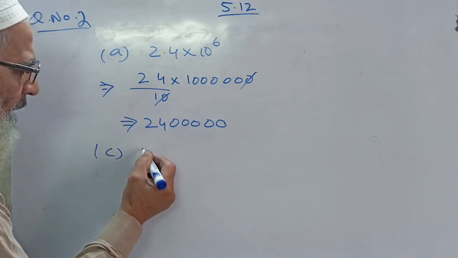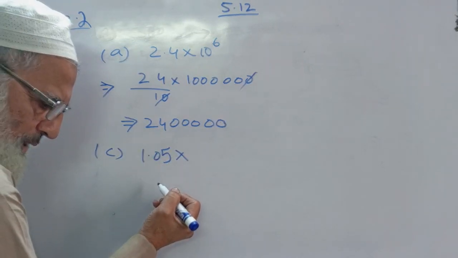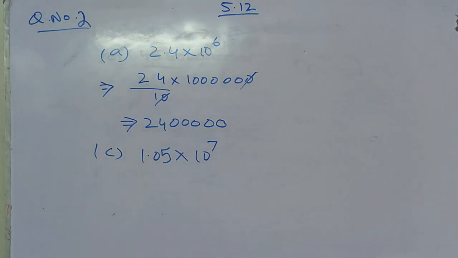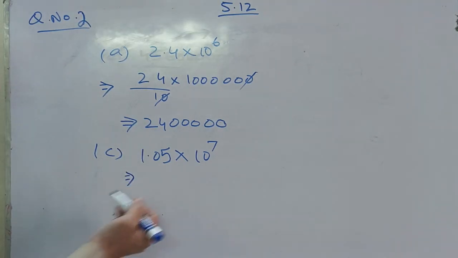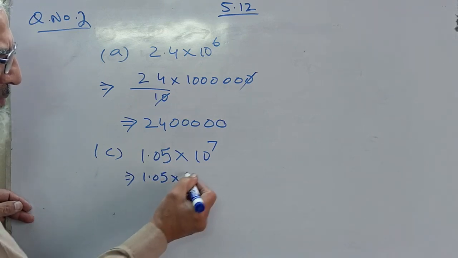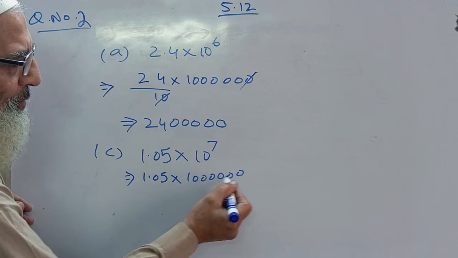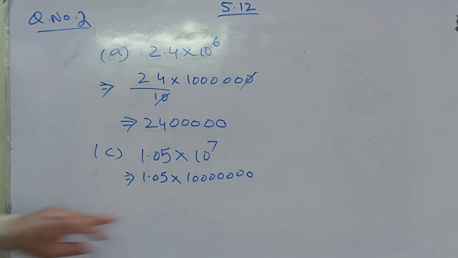C, 1.05 multiplied by 10 raised to power 7. This is almost like the same, but anyhow, I have just started. So 1.05 multiplied by 10 raised to power 7 means with 7 zeros. 1, 2, 3, 4, 5, 6, and 1, 7. Now what about this?